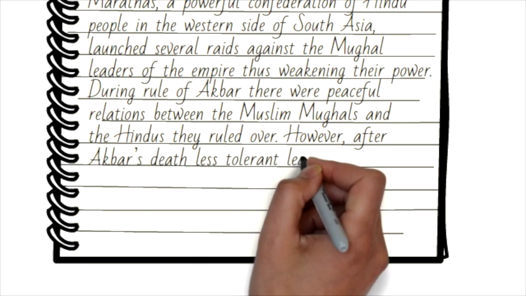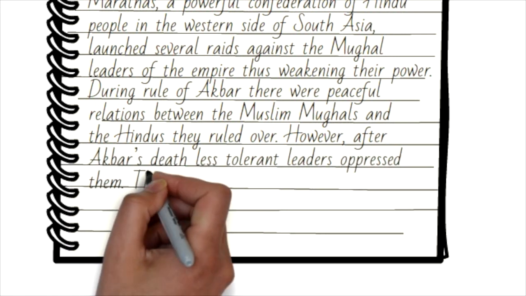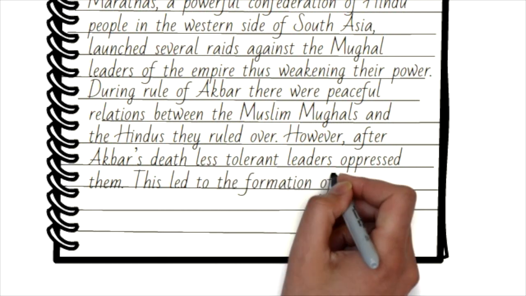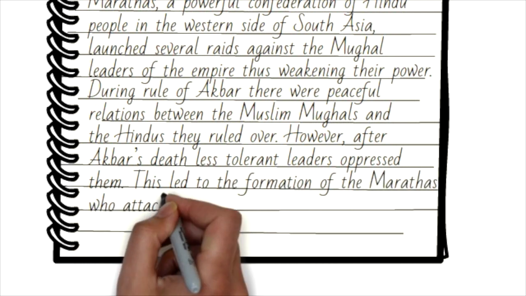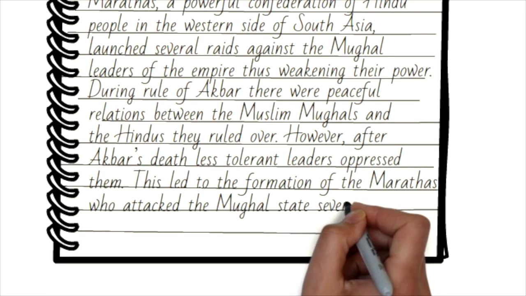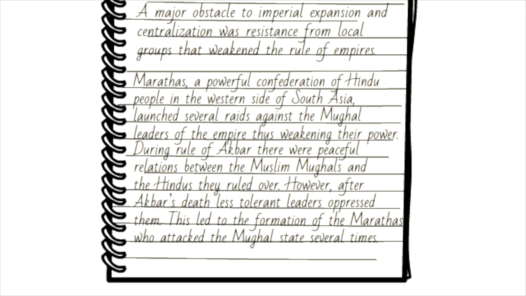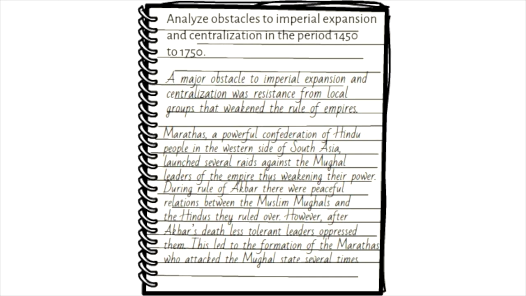This led to the formation of the Marathas, who attacked the Mughal state several times. This led to the weakening, or became an obstacle to Mughal rule. So there you have it, all packaged together. We use one word, Marathas, and we showed how it was an obstacle. We supported our claim that resistance was an obstacle to state centralization and expansion.